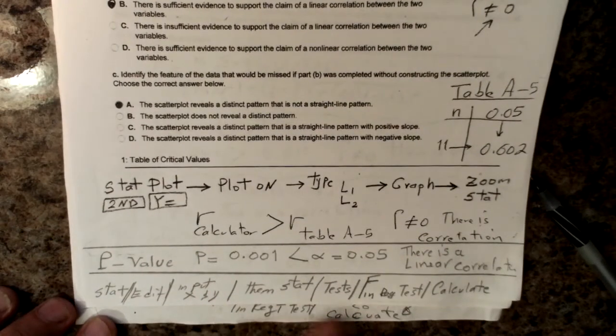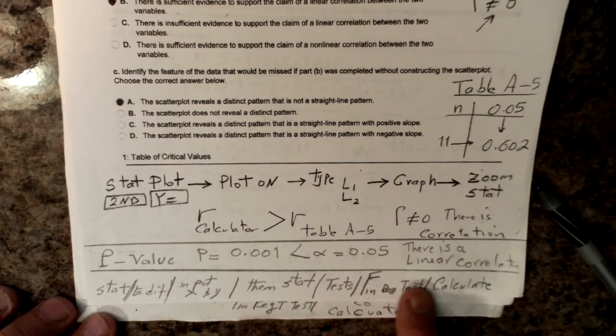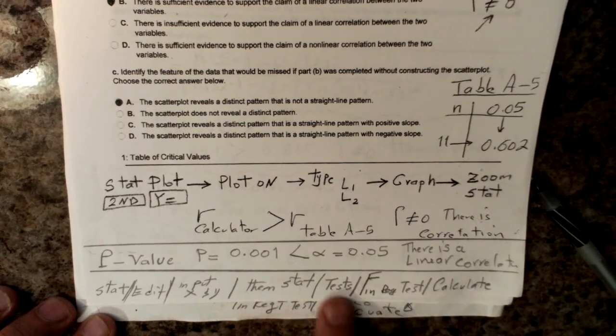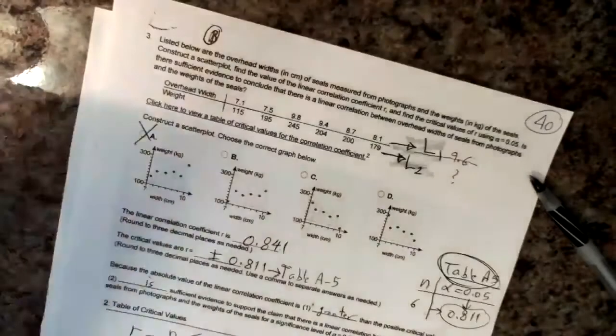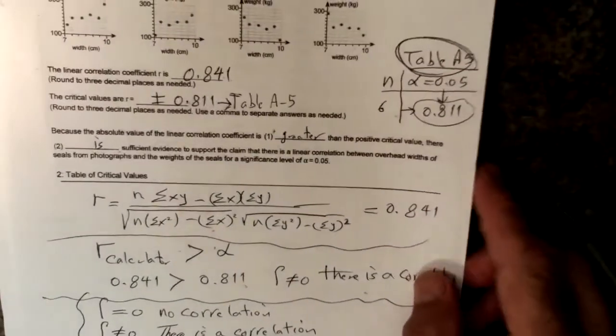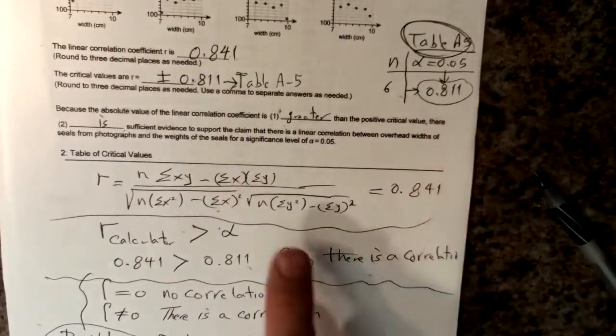And here, you remember how I told you to go to the test, the regression test? It is all explained here. Okay, so in these problems, you use the R value and compare it with the table.